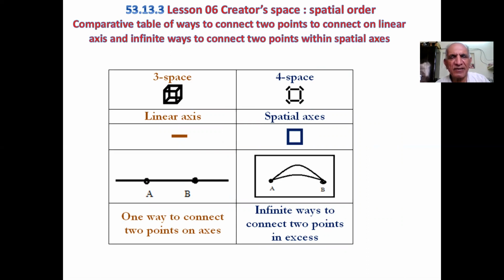Its axes are linear, and along the line, any pair of points have only one way to connect them, to coordinate them, and it is the line segment between A and B. However, in case of a four space, its spatial axis, the plane, the surface, permits as many as infinite ways to connect the pair of points in the surface, as there will be infinite number of curves which would be available to connect any pair of points, and as such, the spatial axis has infinite ways to connect, while the linear axis has only one way to connect.